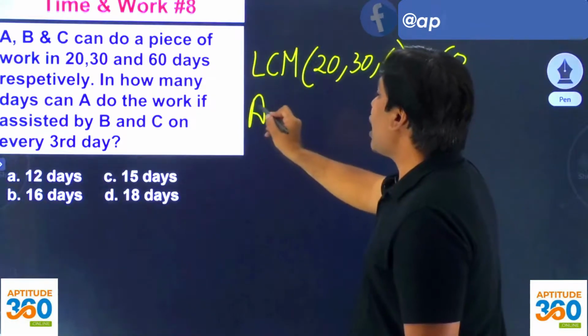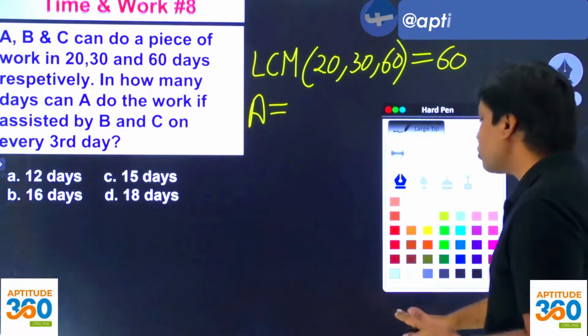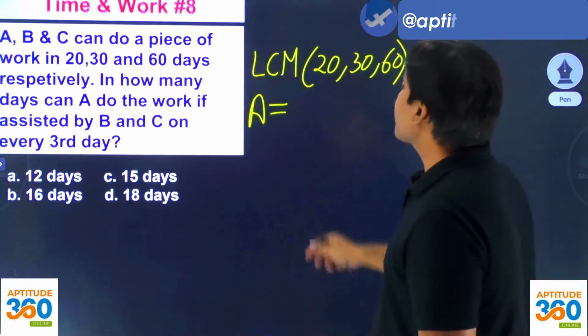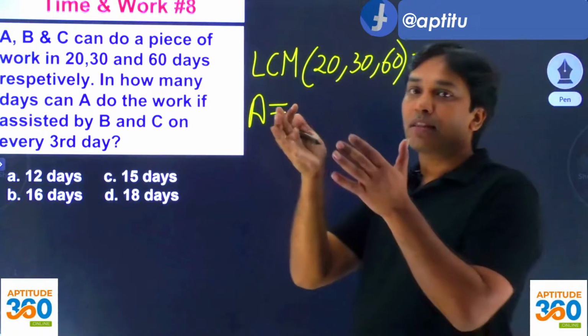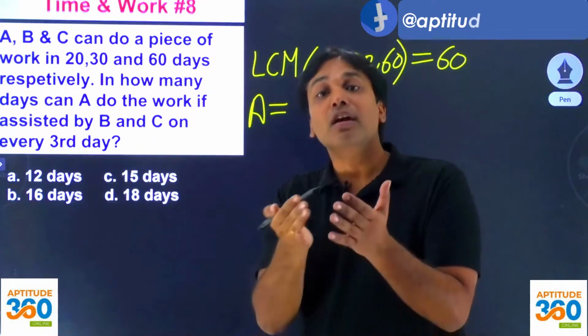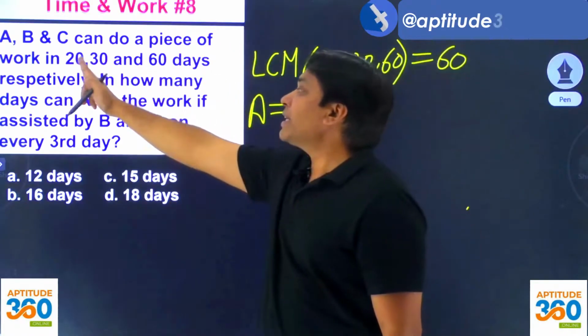So how many units A will be doing per day, how many units B will be doing per day, how many units C will be doing per day? पहले तो ये भी निकाल देते हैं आप. So A does this entire work which is 60 units because the LCM is taken as the total work, right? So 60 units of the work A does in 20 days.